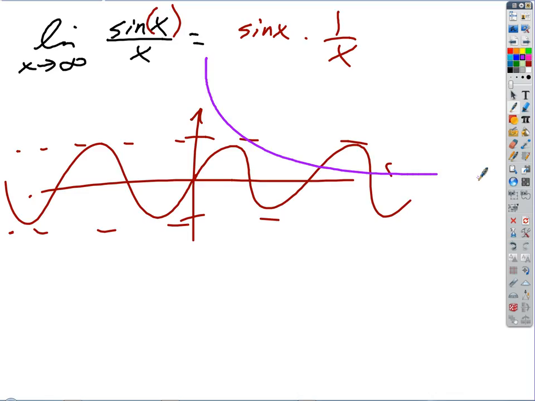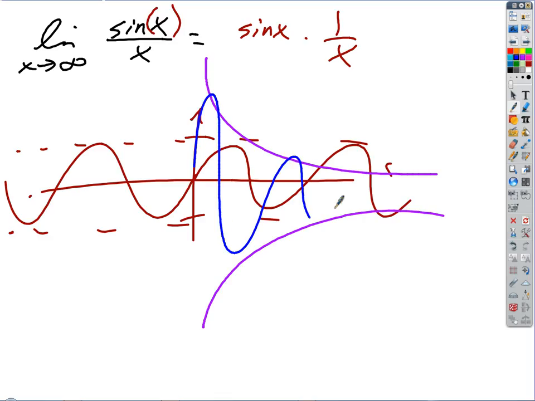So if I'm multiplying by 1 over x, it's not a constant. As x changes, that multiplier is going to change. Way down here, it's going to be huge. For values less than 1, the sine is going to be stretched really tall. For values greater than 1, it's going to start to get shrunk. And so really all I'm doing is pinching the sine wave in between this envelope, and it's just going to get smaller and smaller.